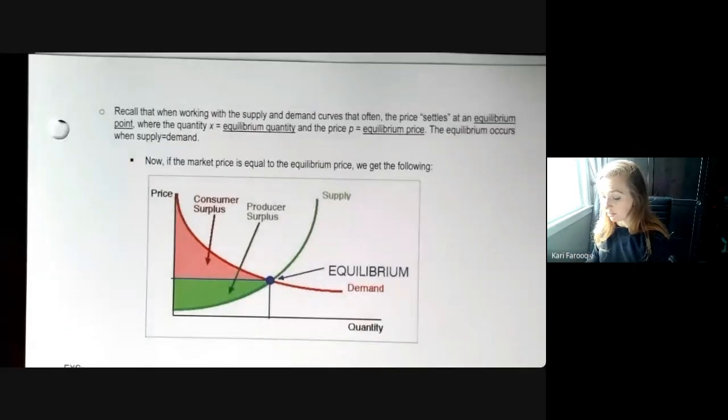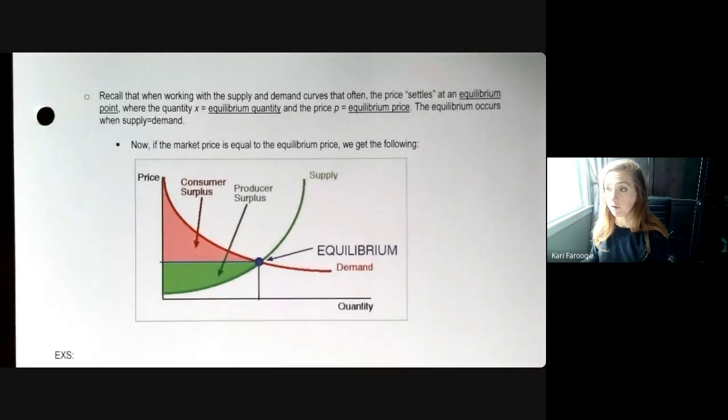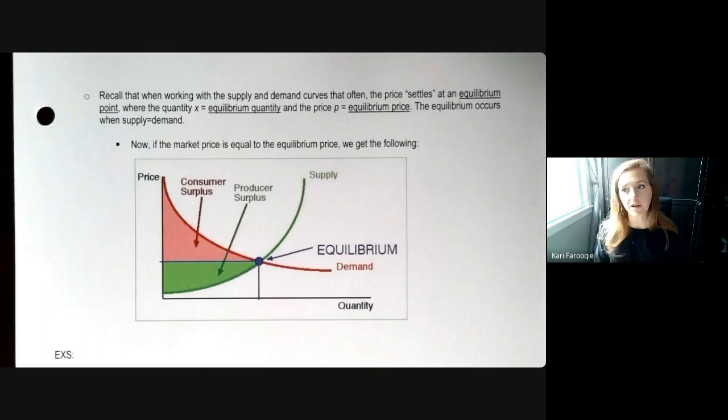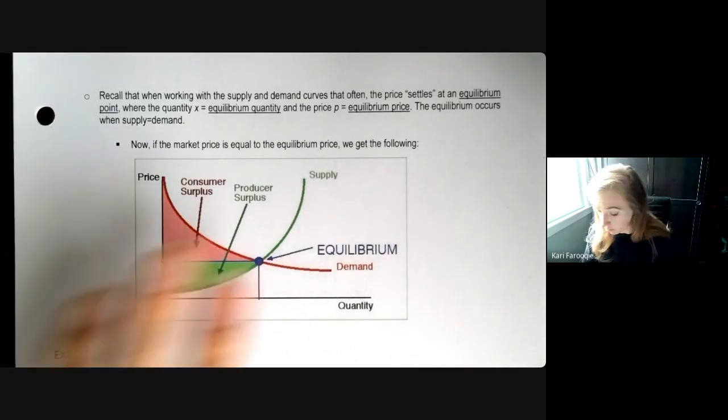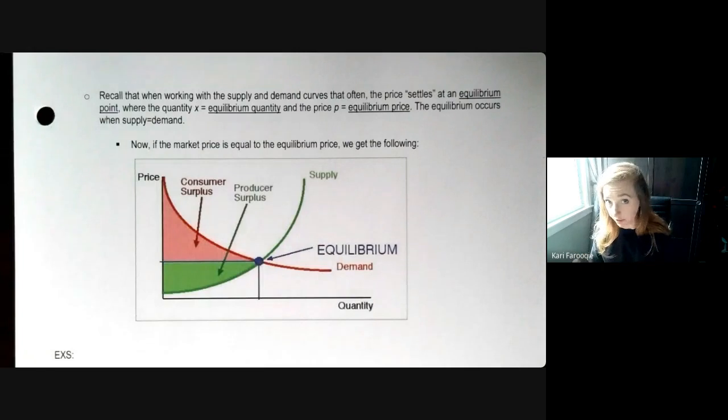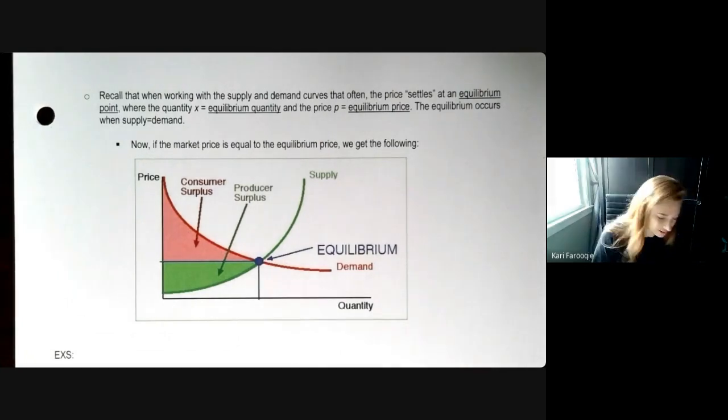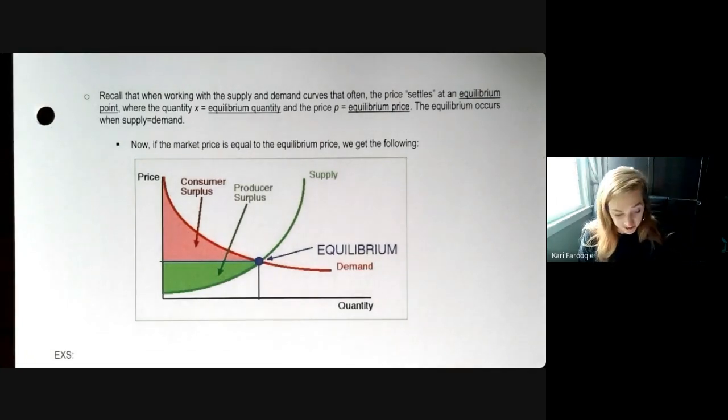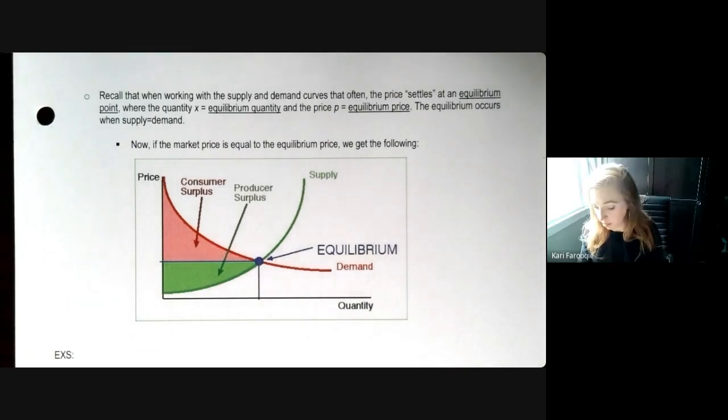Now, recall that when working with the supply and demand curves, often the price settles at an equilibrium point, where the quantity is going to be the equilibrium quantity. We talked a little bit about finding equilibrium quantity in a prior chapter, whether it was 2 or 3, I can't remember, but I want to say it was 2. It settles at the equilibrium point where the equilibrium quantity and the price match up graphically.